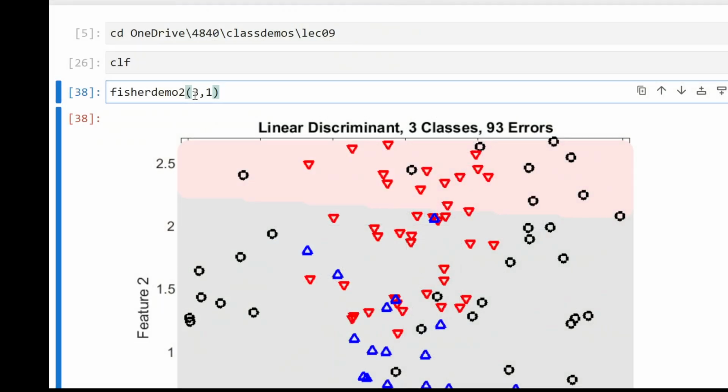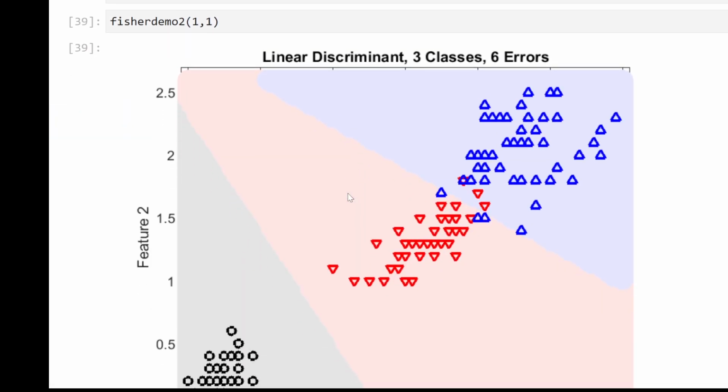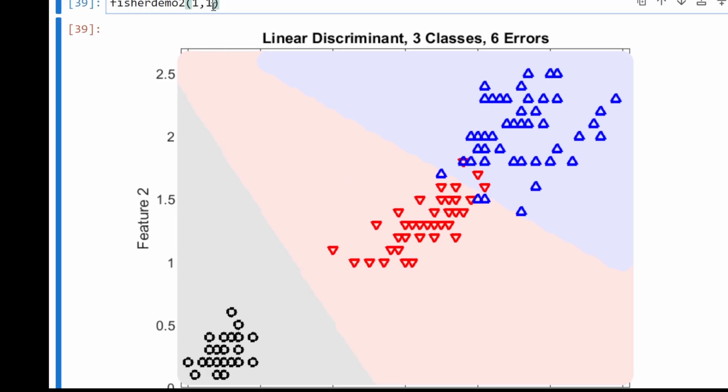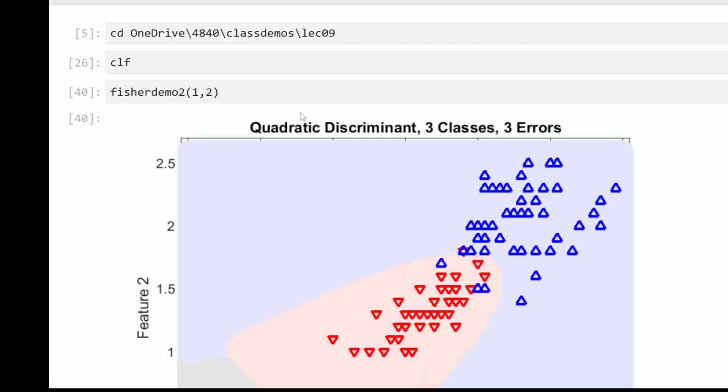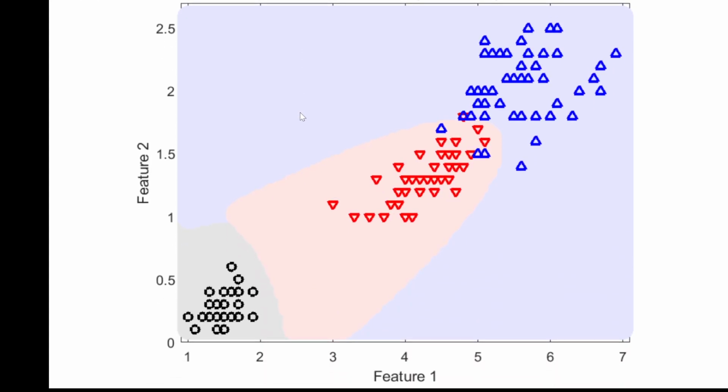So here's my original situation. If I say, okay, you're allowed now to look at a quadratic discriminant, well, my decision boundaries now can look very different, right? So here, you can kind of see that this red region is now kind of like this tongue in the middle of the image where the boundary is like a parabola shape as opposed to a straight line, right?